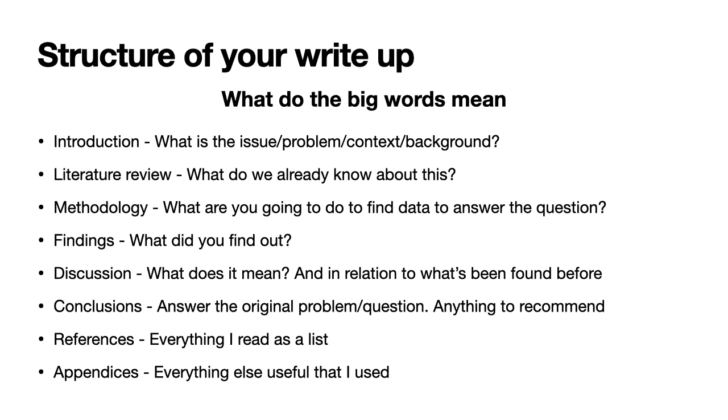This is then followed by the literature review, and this is where you go away and you try and find out everything that we, as in the world, already know about this problem. So what do we already know about this issue or problem? One thing you might find out is that it's already been answered.